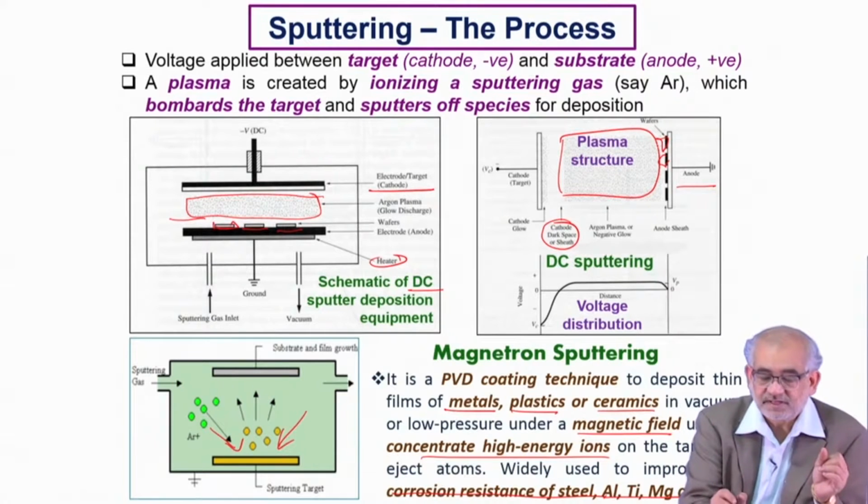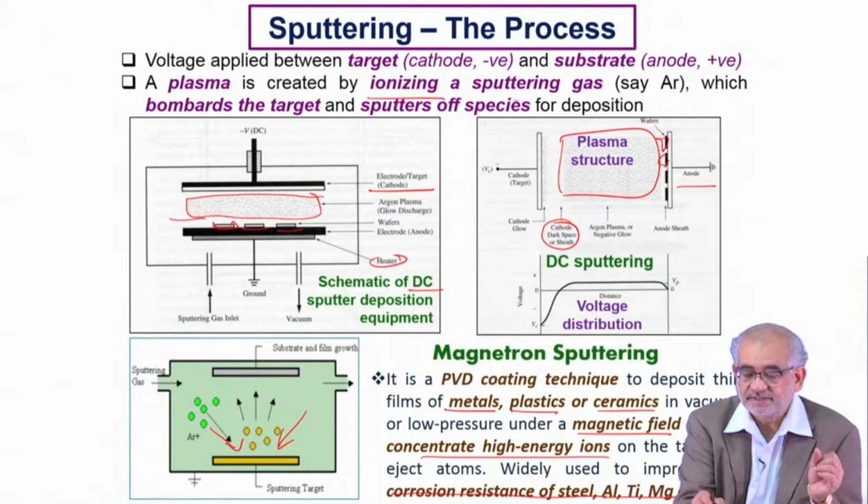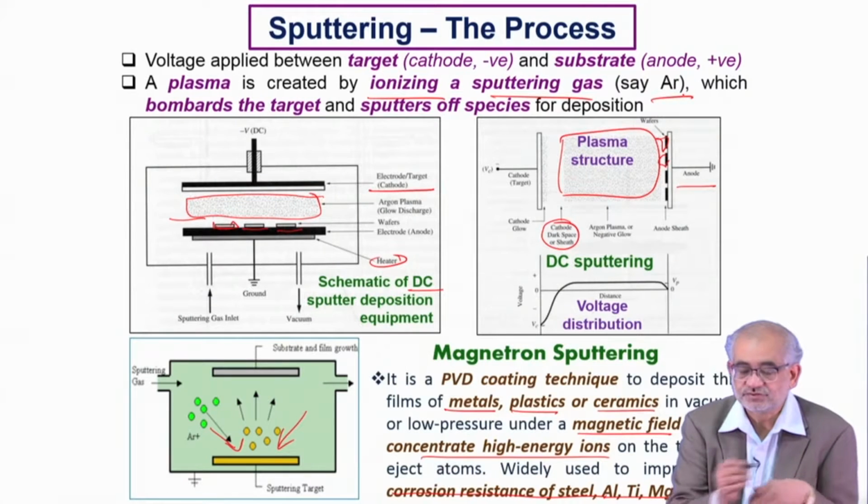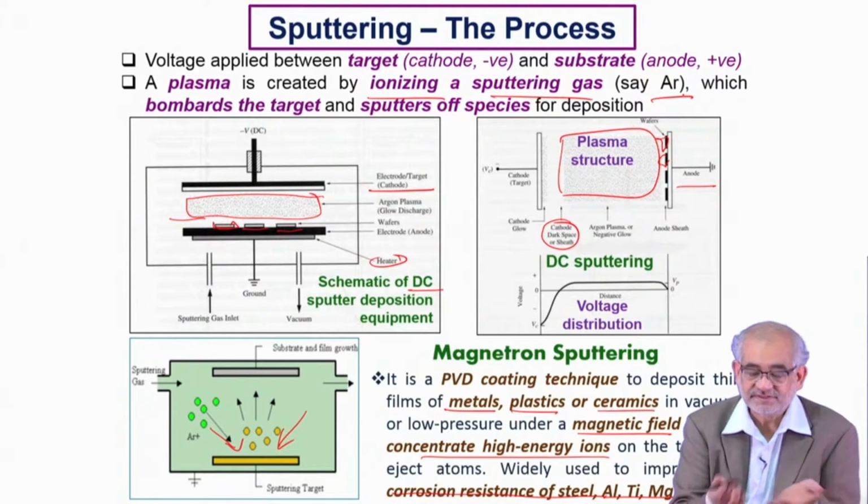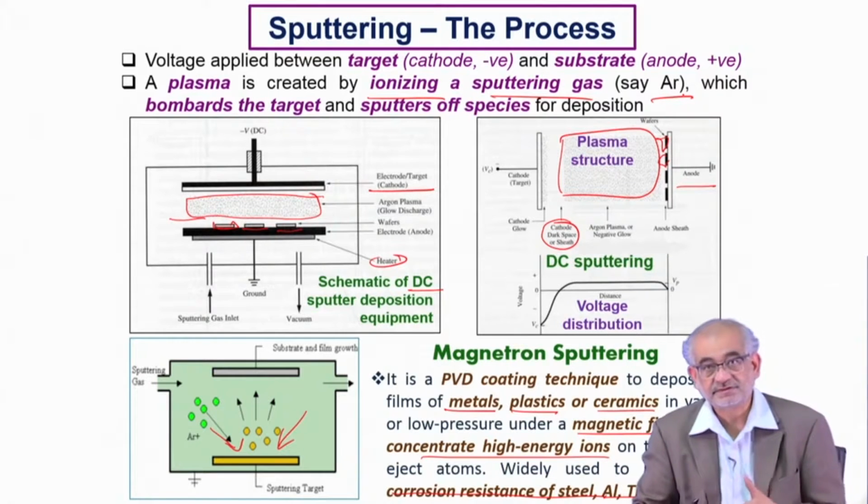So this plasma that we create is by ionizing a gas, which is usually argon, which I've already mentioned. The reason why we use argon is because it doesn't have any solubility in the materials that we are using, either as target or as the substrate.